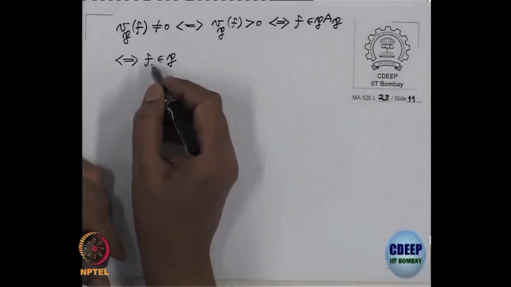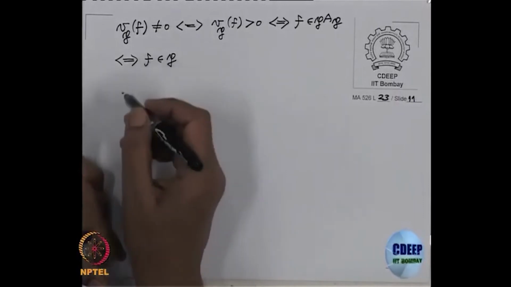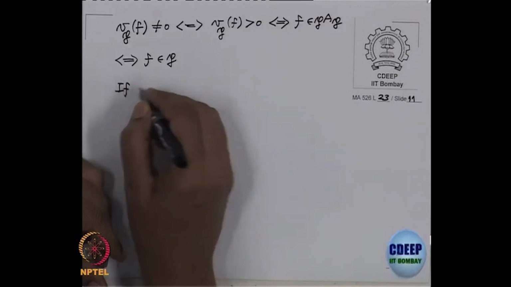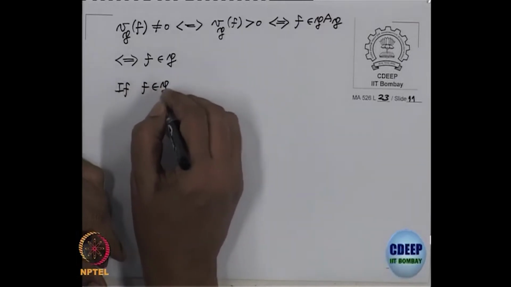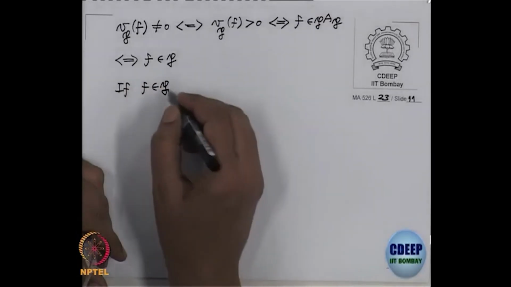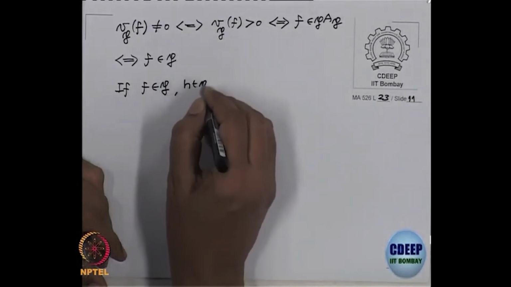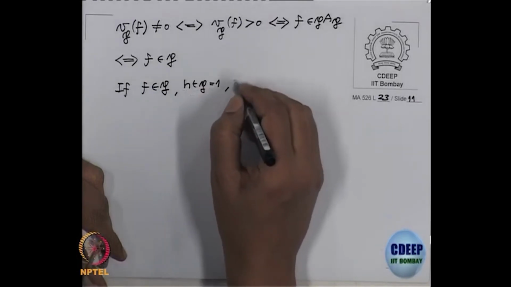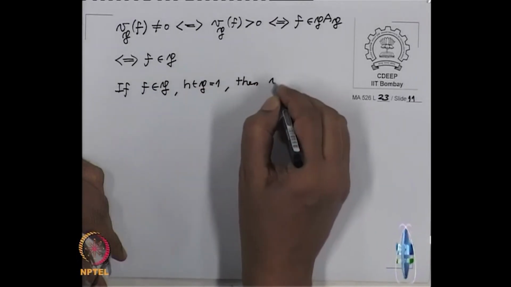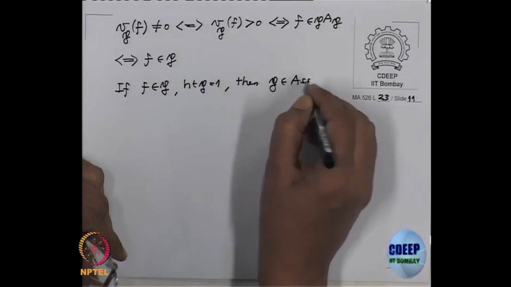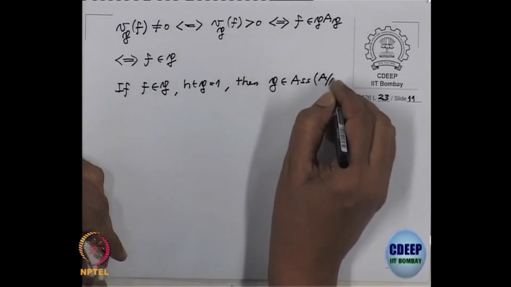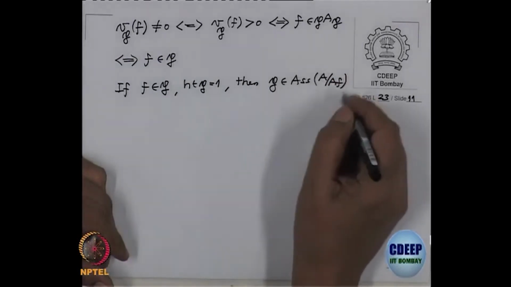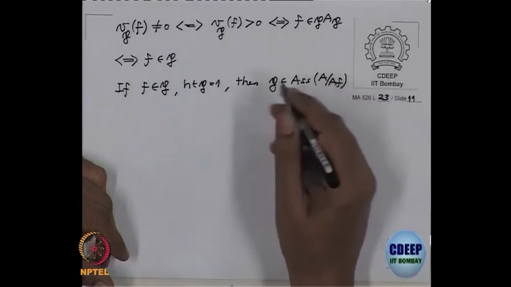So, how many P's can f belong to, that is what we have to analyze. So, if f belongs to P and height of P is 1, that will mean that P will be associated to A by Af. But we know that the number of associated prime ideals is finite.